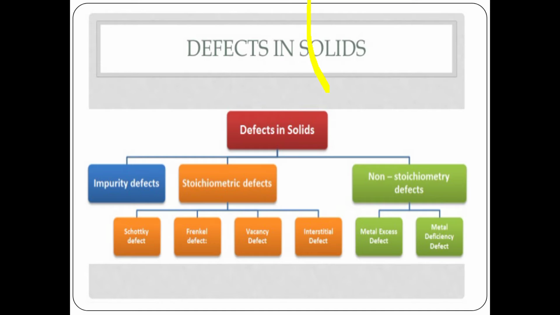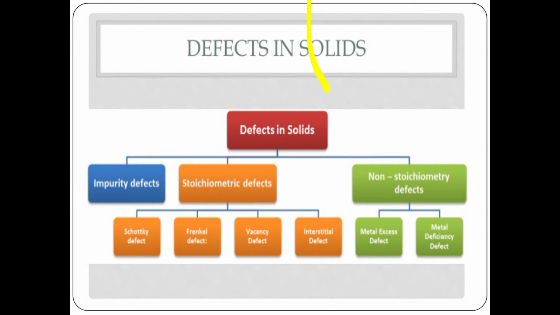So there are different types of defects. We'll see what the types of defects are and examples for this in this video. So defects in solids: any imperfections in the structure can be called defects. The main categories of defects are point defects, line defects, and volume defects.